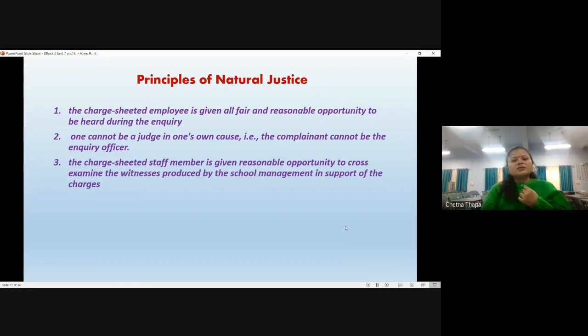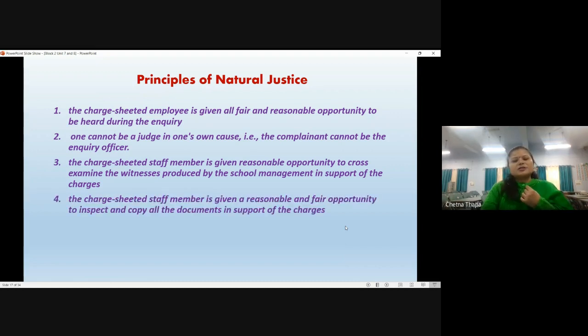The charge sheeted staff member is given a reasonable opportunity to cross examine the witness. If a witness has been produced by the school management in support of the charges, then the charge sheeted staff member should be given a reasonable opportunity to cross examine. The charge sheeted staff member is given a reasonable and fair opportunity to inspect and copy all the documents in support of the charges.